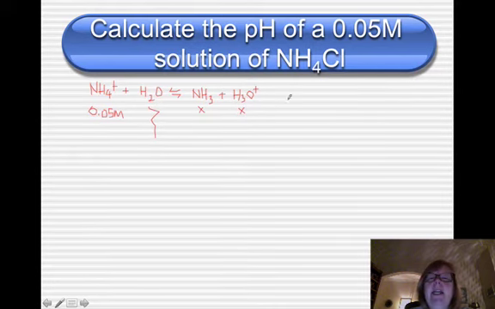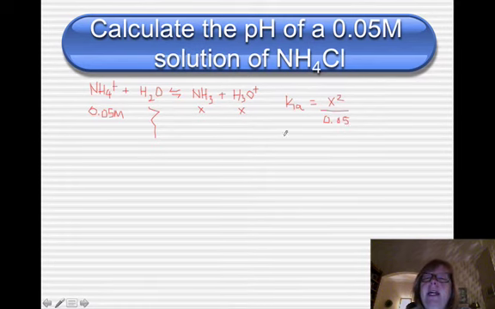This time it's a Ka. A Ka at equilibrium is going to equal x squared divided by 0.05 minus x, and we're going to drop that minus x. We need the Ka for the ammonium ion. I couldn't find a Ka for an ammonium ion on my acid chart, but I did find a Kb for the conjugate base, ammonia.